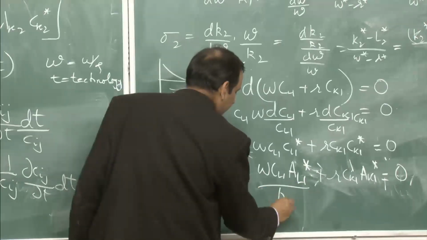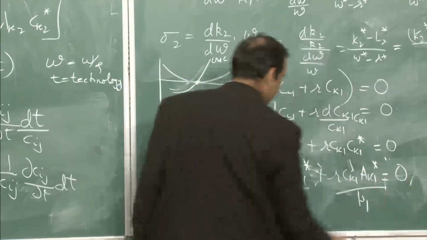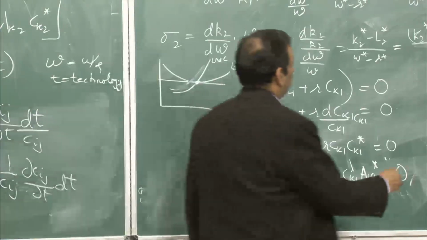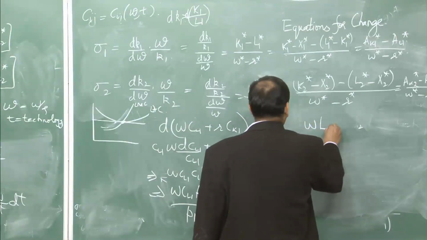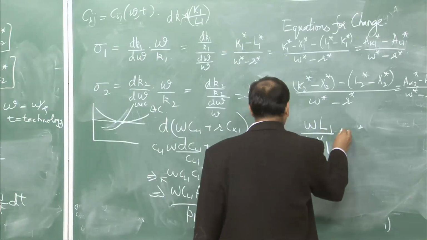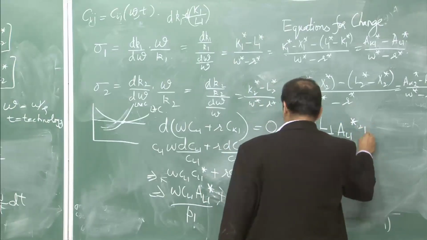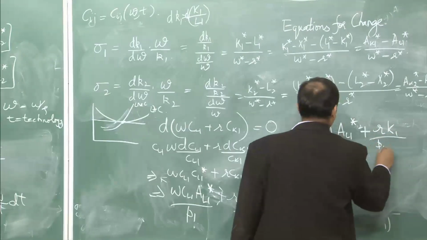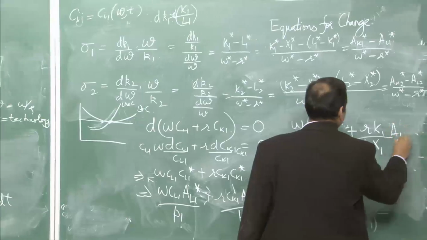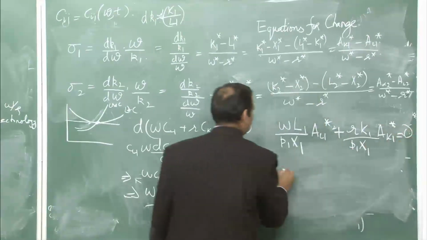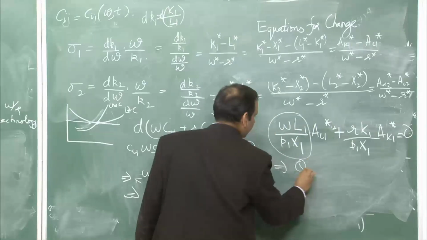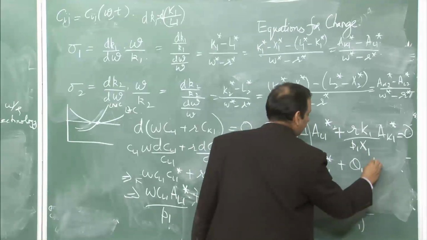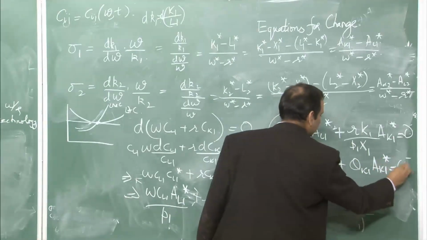Further, divide by P1. So, what you get is W L1 by P1 x1 AL1 star plus R K1 by P1 x1 AK1 star equal to 0. Now, this is theta L1 AL1 star plus theta K1 AK1 star equal to 0.